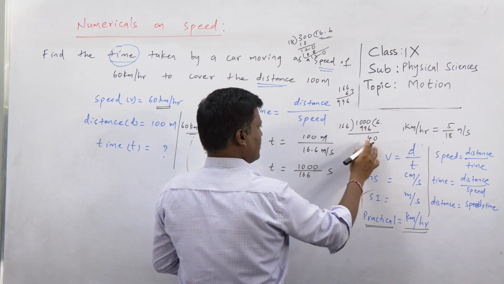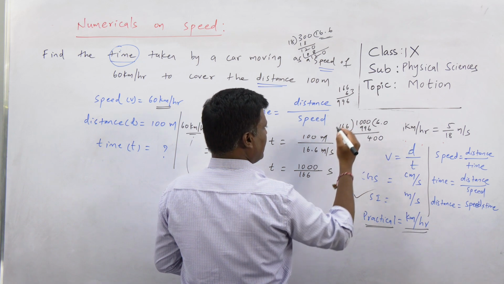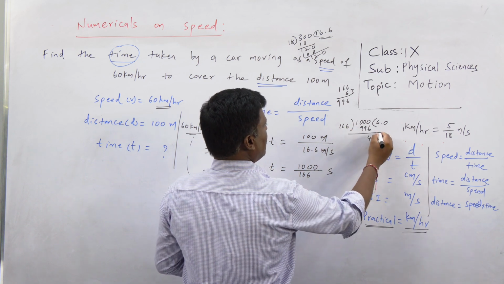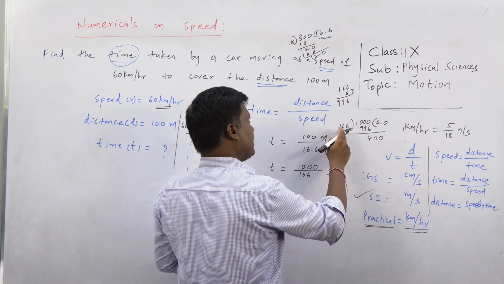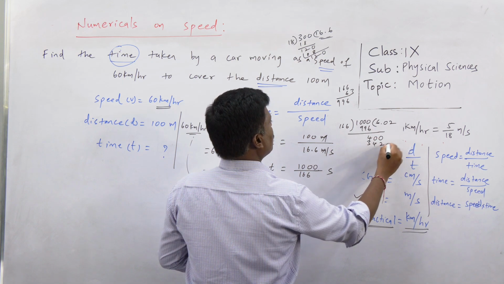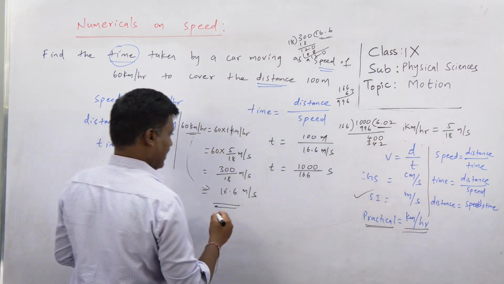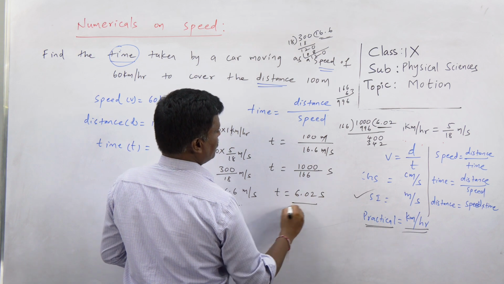Even though it is not sufficient, we can keep one more 0. In the remainder, 166 twos, 320, 342. 6.02 we are getting. So time is equal to 6.02 seconds.